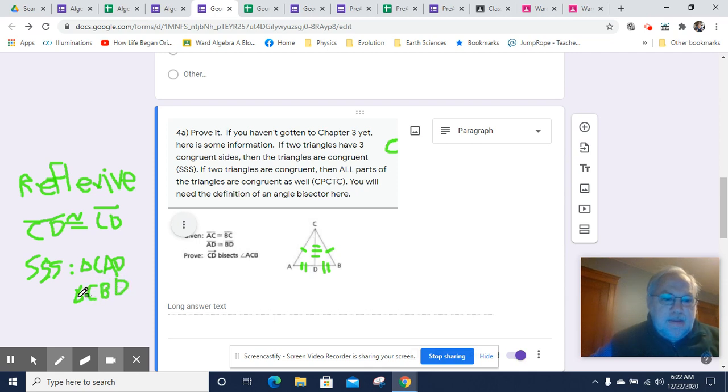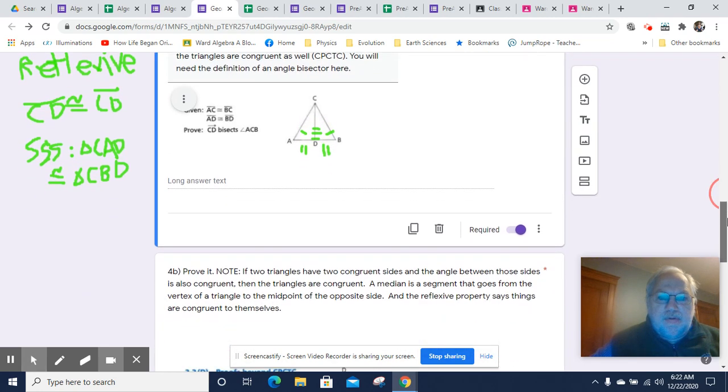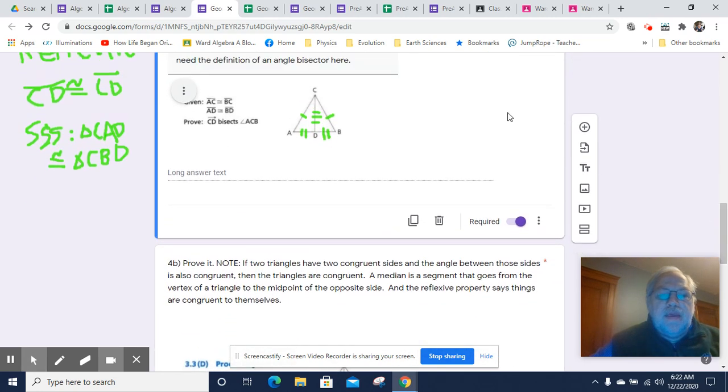And once we've proven that those two are congruent, now we can also prove that angle ACD is congruent to angle BCD. The reason for that is kapakataka: corresponding parts of congruent triangles are congruent.